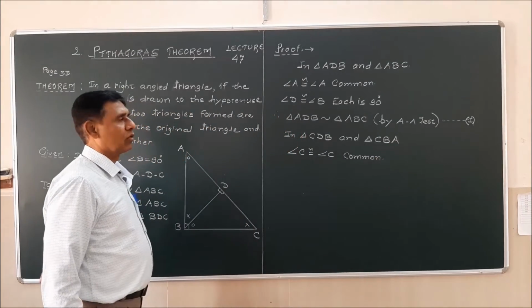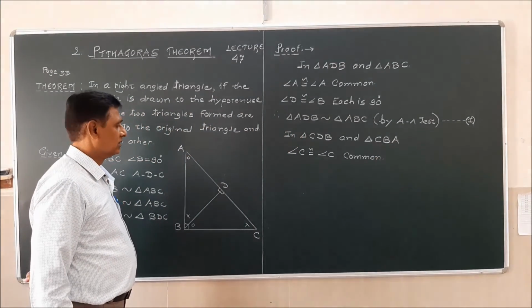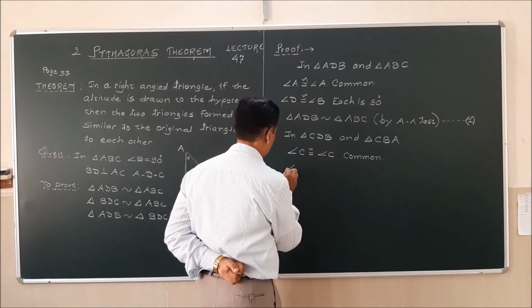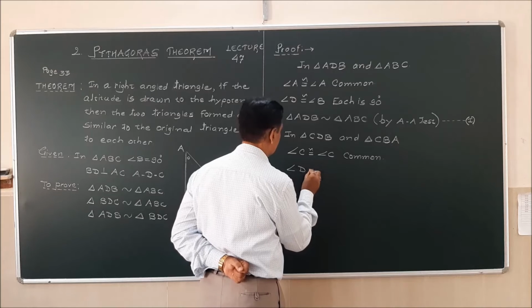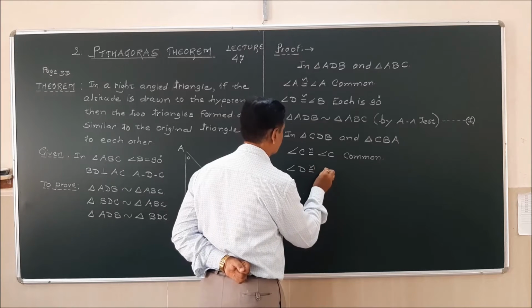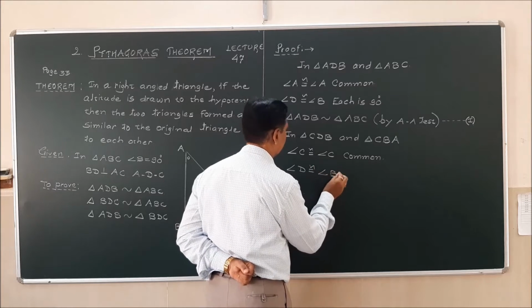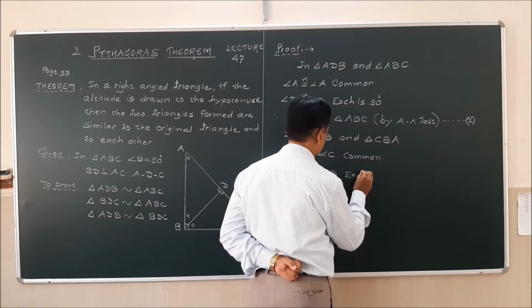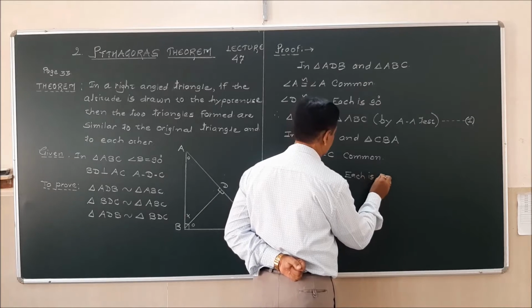Then you will get angle D is congruent with angle B, it is 90.